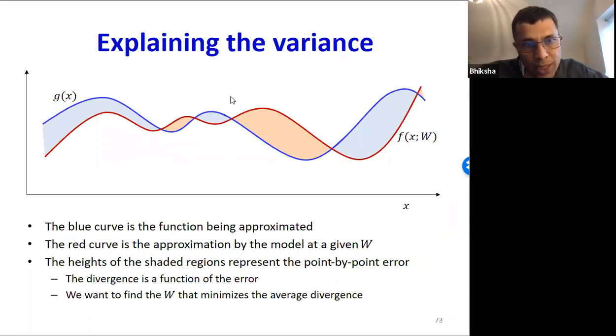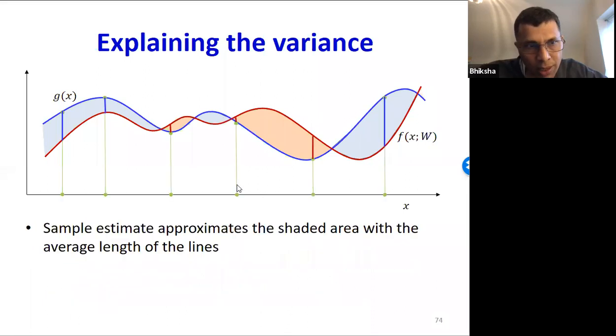So let's say I'm trying to model this blue function. I've got my current estimate of the network, which gives me this red function. So I want to find the W that minimizes this area, remember? But I cannot compute the area because I don't have G. So I'm going to take a bunch of training samples and minimize the average length of these lines.